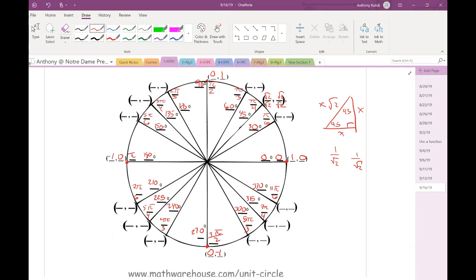What's up, Ann? Oh, yeah, sorry. In the second quadrant, cosine is negative, so the x-coordinate should be negative. In the third quadrant, both the x and the y coordinates are negative. And in the fourth quadrant, just the y-coordinate is negative. I meant y-coordinate. Goodness gracious.